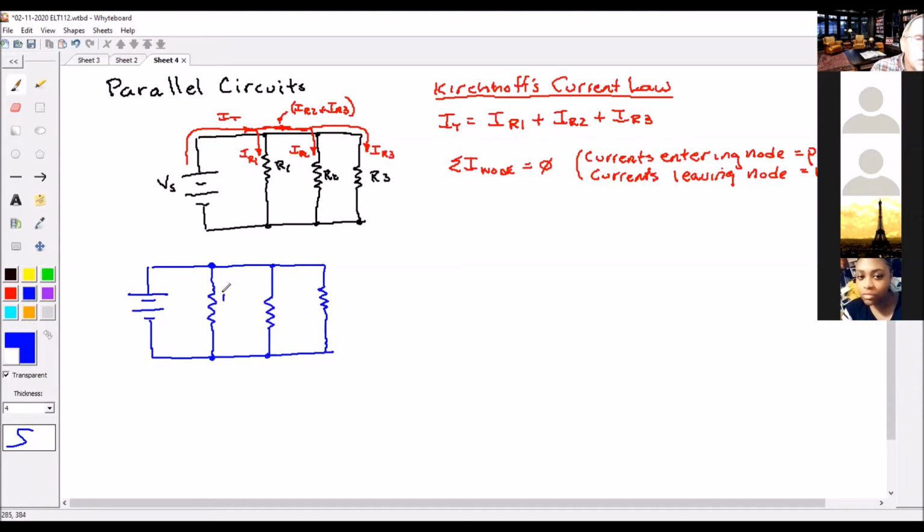Let's say R1 was 1K, R2 was 2K, R3 was 200 ohms. And let's say that VS was 20 volts.